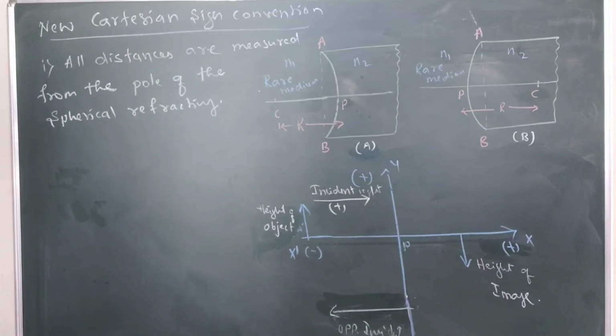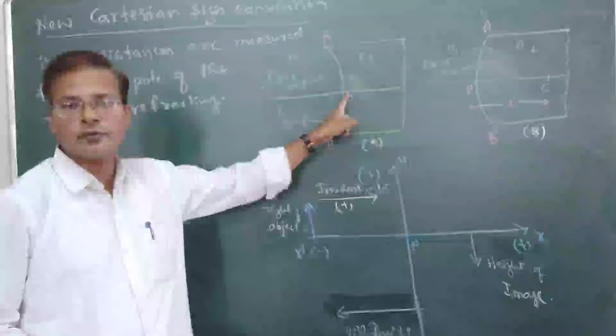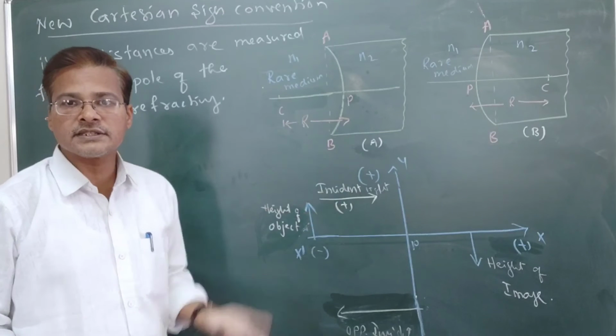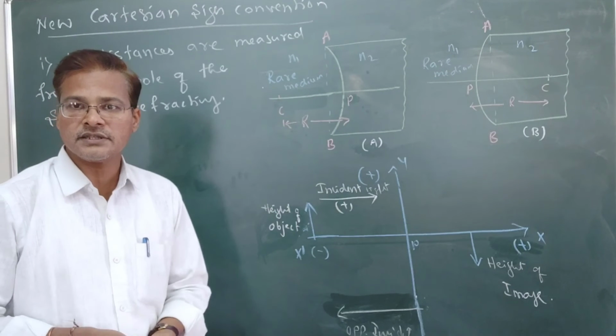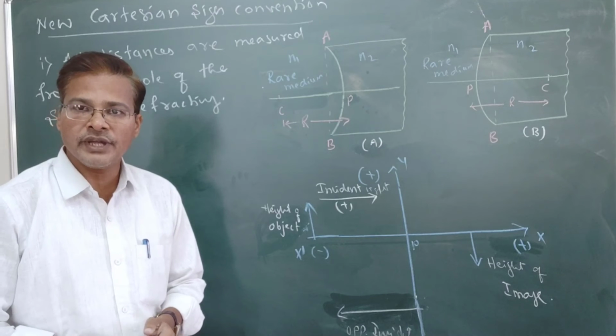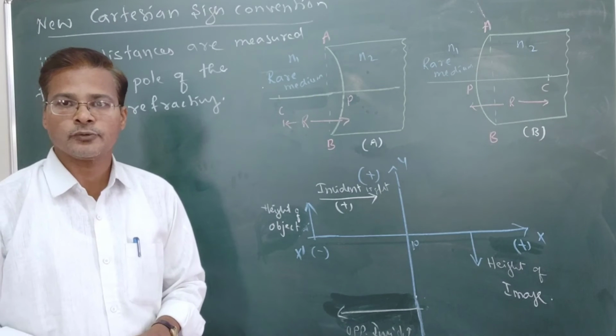This is the first point. All distances are measured from the pole of the spherical refracting surface. Means from the pole only we are going to measure all the distances. Distance means what? Object distance, image distance. These are the distances, and they are measured from the pole of the spherical refracting surface.